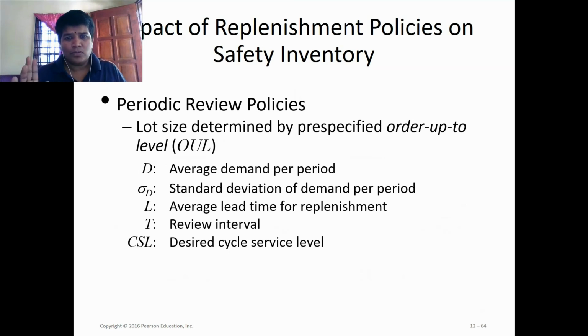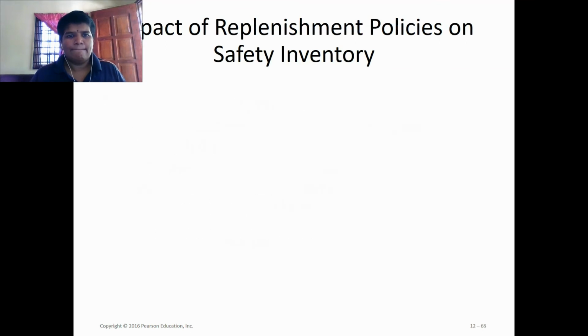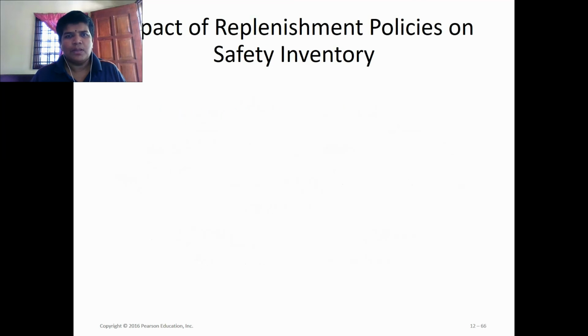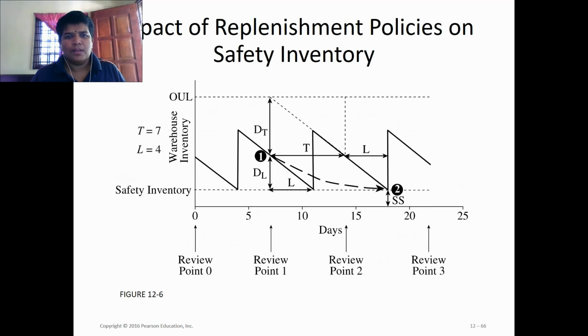Okay, so hope you don't get confused. The formulas are for you to understand, not to remember. So I want you to understand.